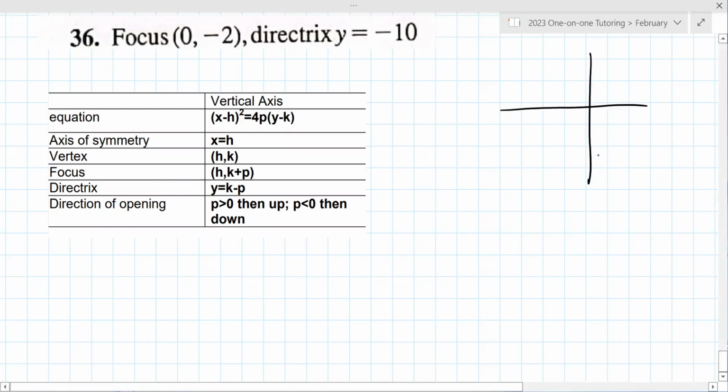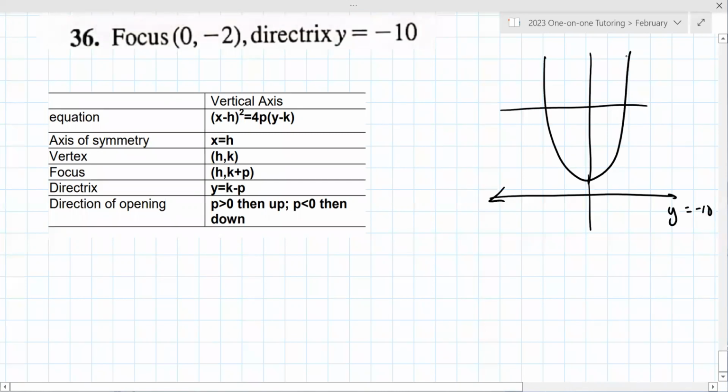So y equals -10 is down here. Right. And it always moves away from it. I almost see like a bounce off it, even though they're not touching.